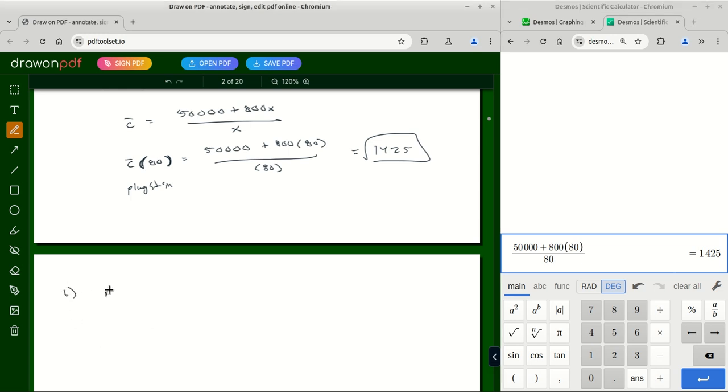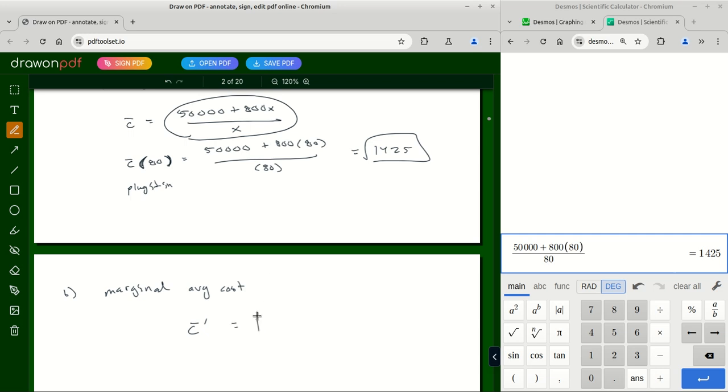Okay. So then it says find the marginal average cost. So marginal average cost, doesn't that just mean derivative? So C bar prime. I'm going to take this and find the derivative.